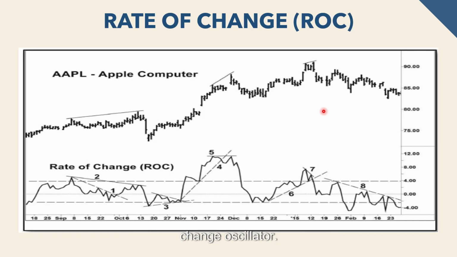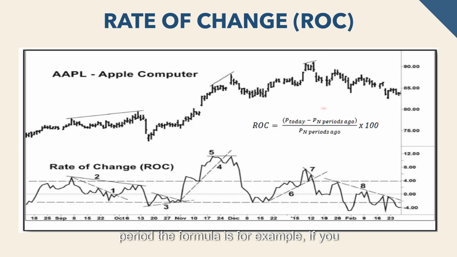Rate of change oscillator. It is an oscillator. It is a measure of the amount a security's price has changed over a given number of past periods. The formula is, for example, if we are calculating rate of change for 5 periods, the price 5 periods ago is deducted from today's price, divided by the price 5 periods ago, multiplied by 100.